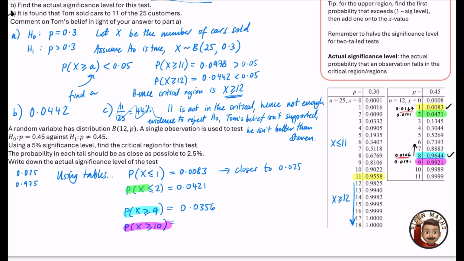I'll get all of these highlighted so it makes sense when we look back at the question. Greater than or equal to 10 will be 1 minus 0.9921, which is 0.0079. And actually, I think we decided that this one is closer to 0.025.